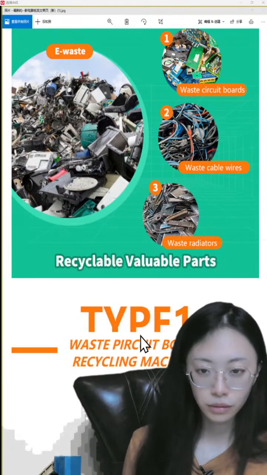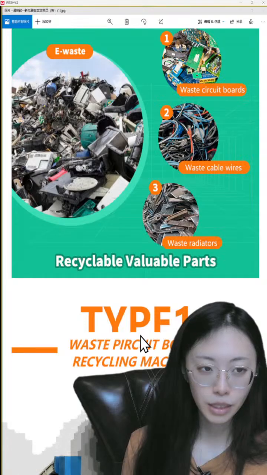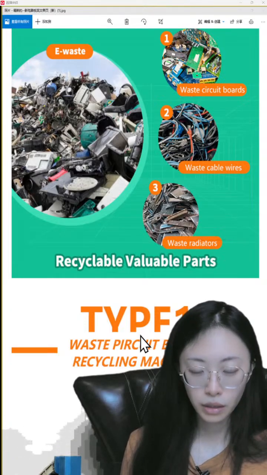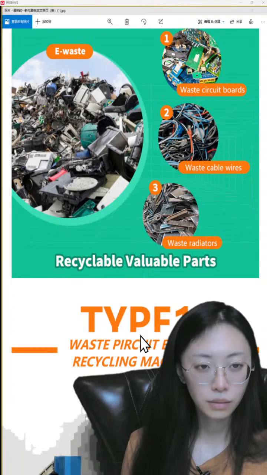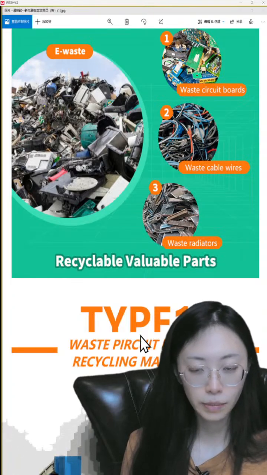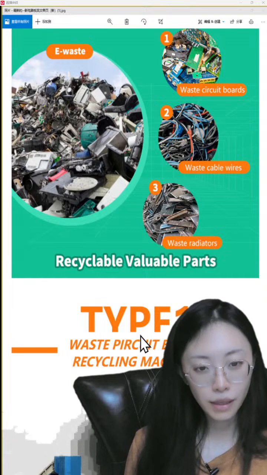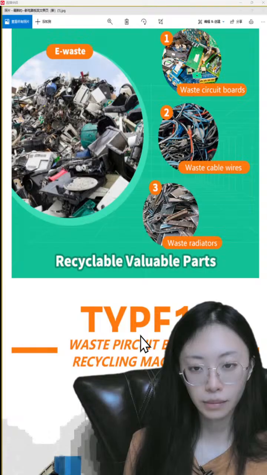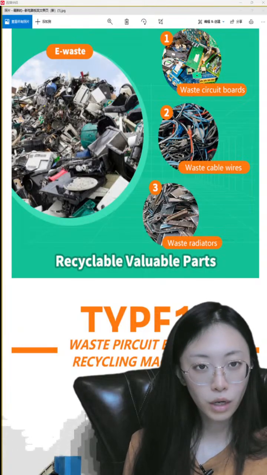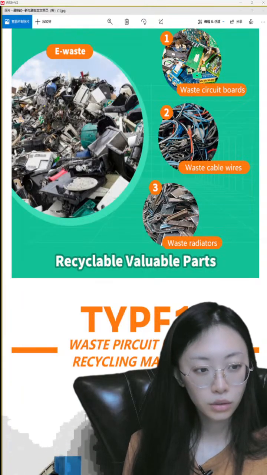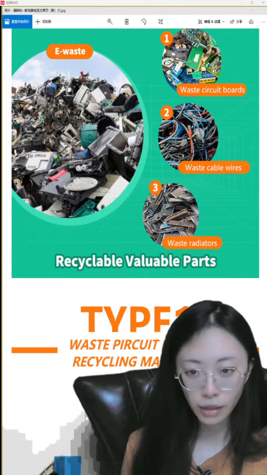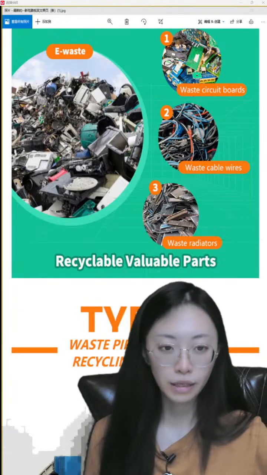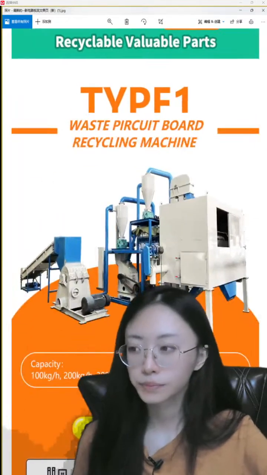The solar panel recycling machine recycles the aluminium, copper, silicone, glass, and plastic. For the lithium battery, we can recycle the copper, aluminium, and black powder. If you want to recycle solar panels or lithium batteries, we have this different equipment. You can contact us.